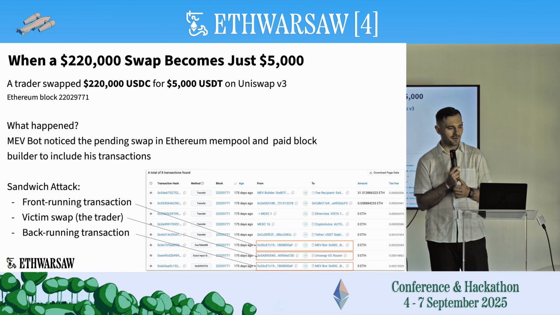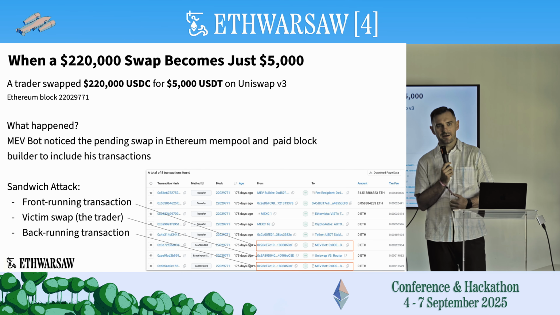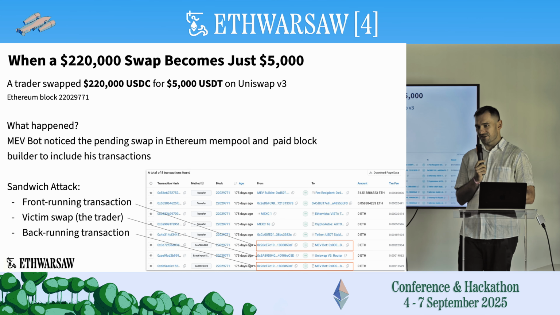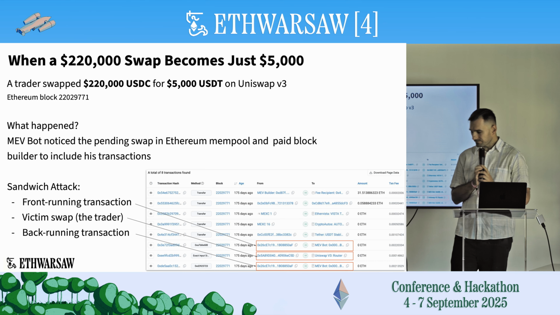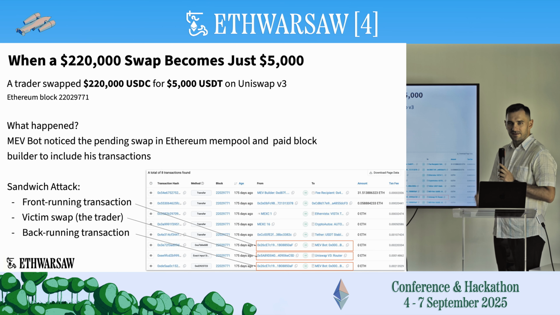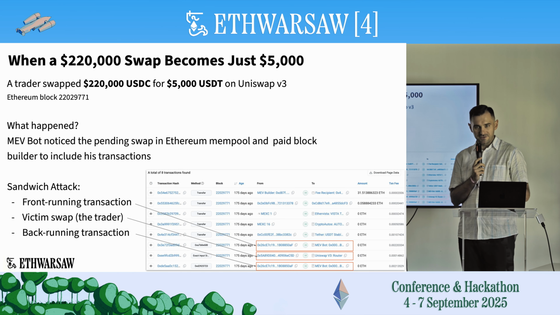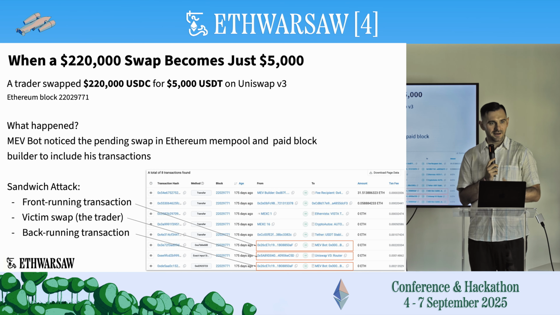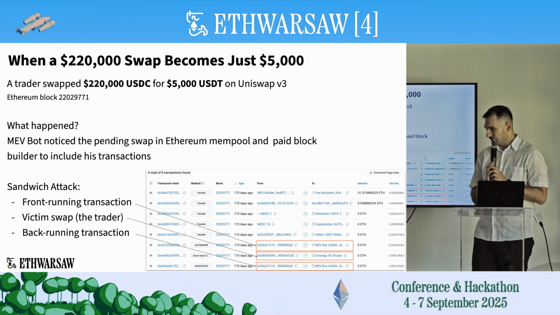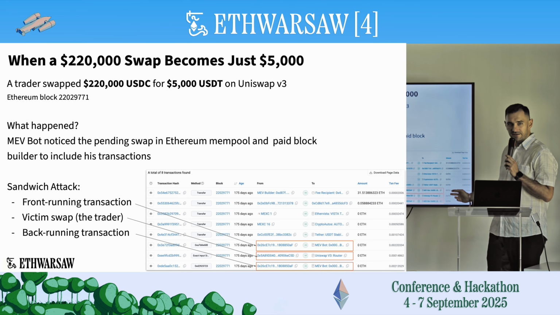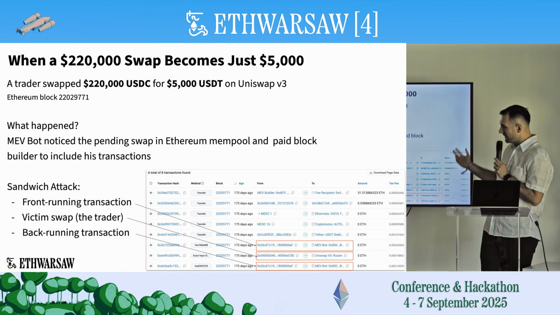So what happened? One of the MEV bots, an MEV searcher, noticed such a pending swap in the mempool. The mempool is something like a waiting room for transactions waiting to be executed. That transaction was present there. The MEV bot noticed it and bribed the block producer, so that two extra transactions were inserted, one before that swap and one after it.